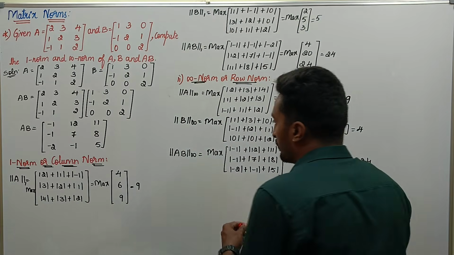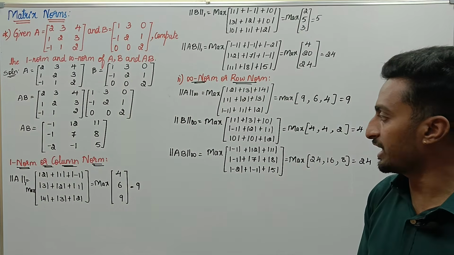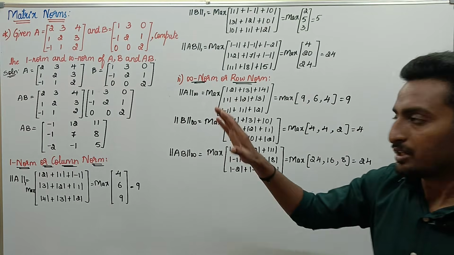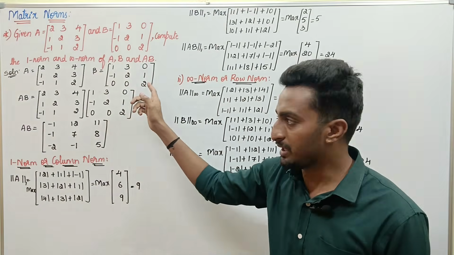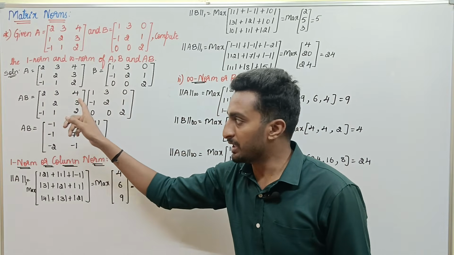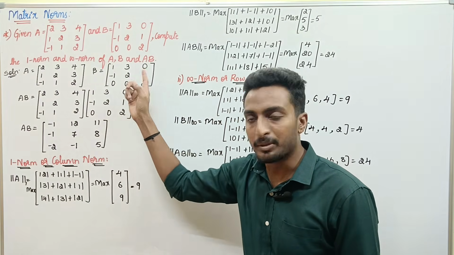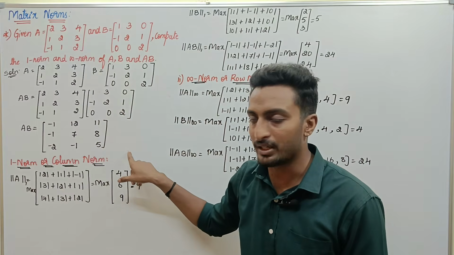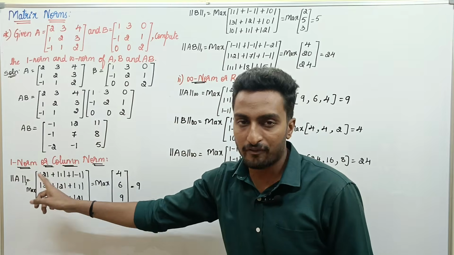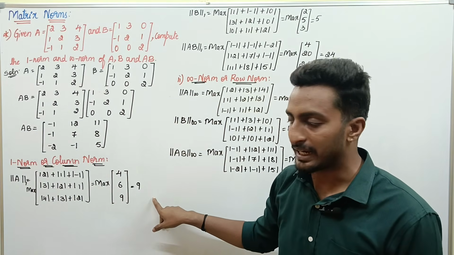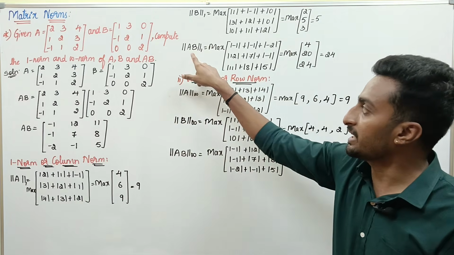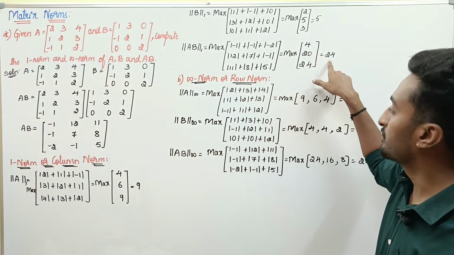So the infinity norms of the given matrices A, B and A into B are 9, 4 and 24. First, we represented the matrices A and B, then multiplied A into B. Considering these three matrices, we represented the one norm, that is column: for A1 norm, you get 9 as maximum, B1 norm you get maximum 5, and AB1 norm you get 24.